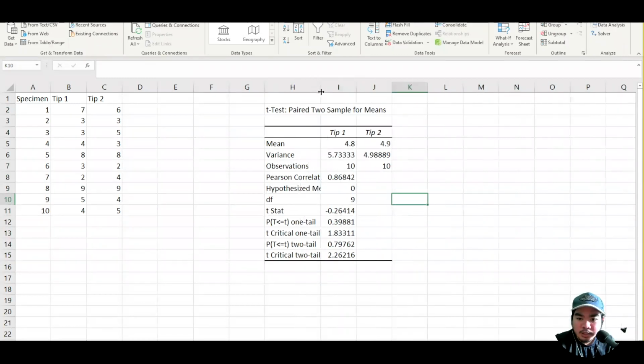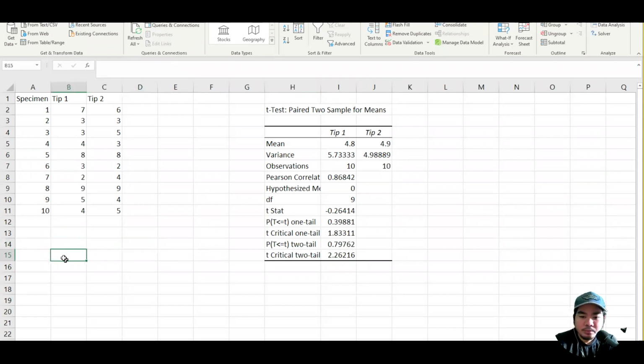Okay, so we should get something that looks like this. Ang importante sa atin is etong T-stat tapos yung DF natin, this is degrees of freedom. Sorry, etong T critical two-tailed. Ito yung kailangan natin. Tapos yung observed difference niya is i-compute pa rin natin.